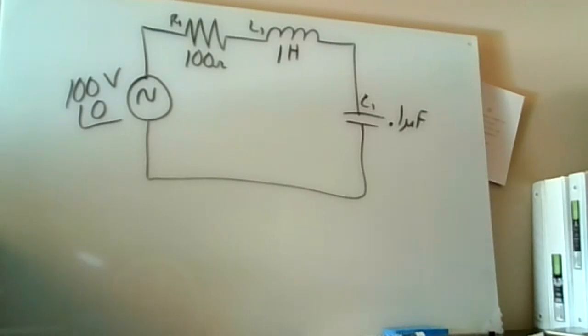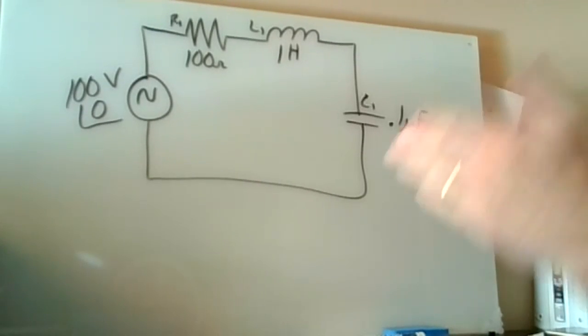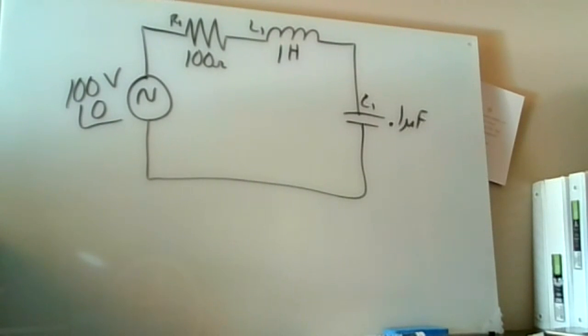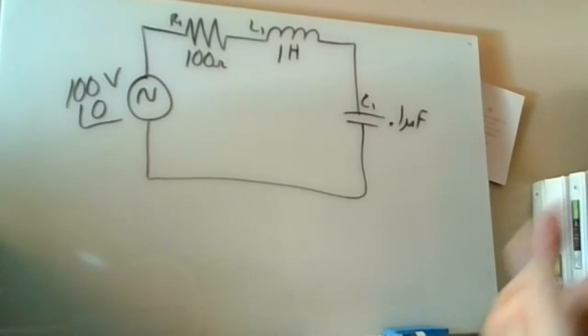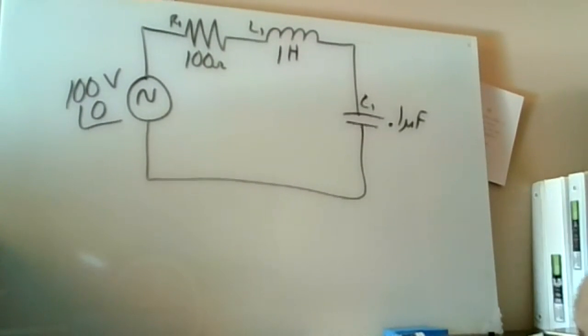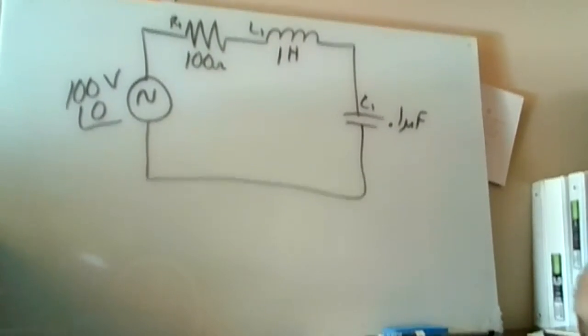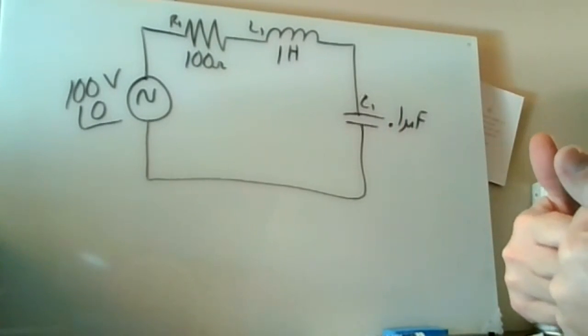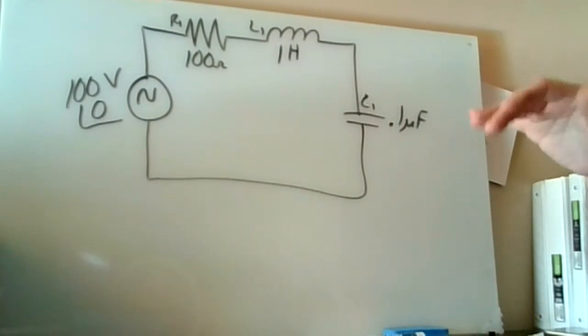Phasor. Which one is this one? Is this sinusoidal or is it phasor? That is phasor. What form do I need to be in to solve my circuit? I need to be in phasor to solve my circuit. So this one, I'm good. I'm already in phasor. I don't have to do anything with it.